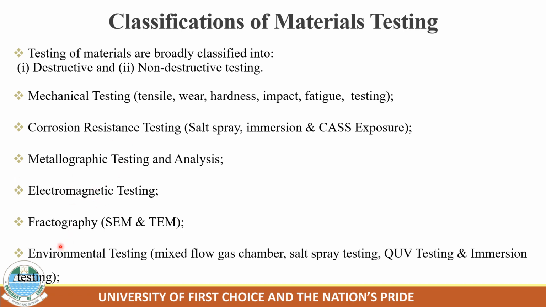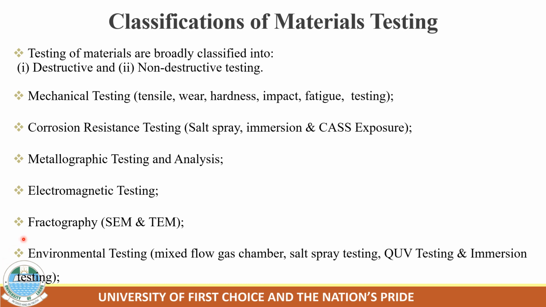The next one is fractography, to test for the microstructure of the material. And the last one is environmental testing, the behavior of the material outside, how it will react to the environment, and many more. All these are the classifications of material testing.